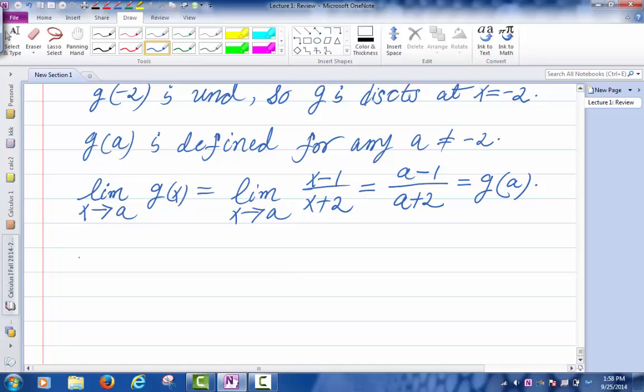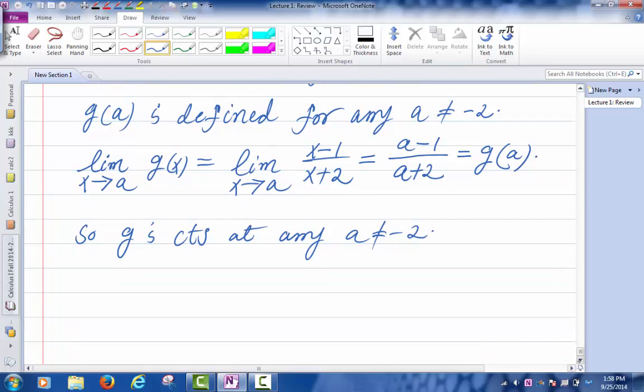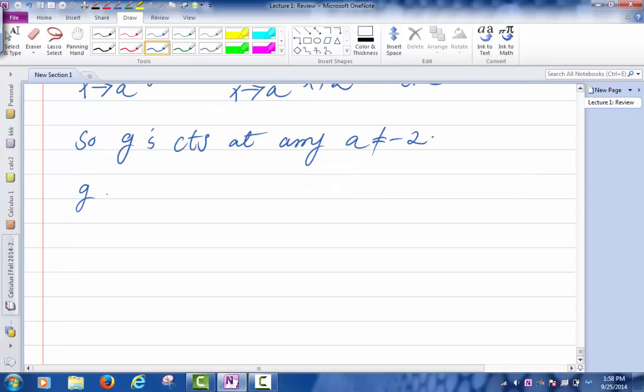So what we see is that g is continuous at any a which is not negative 2, right? So g is continuous at any a which is not equal to negative 2. Therefore we can say that g is continuous on the entire real line except at negative 2.